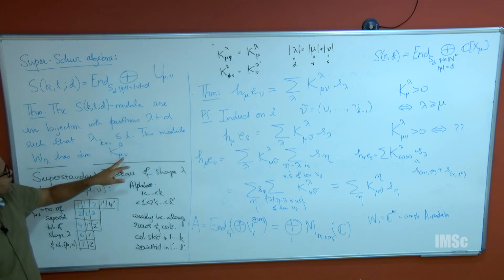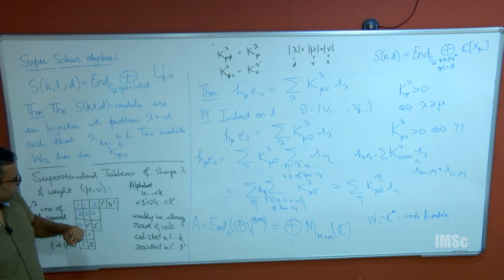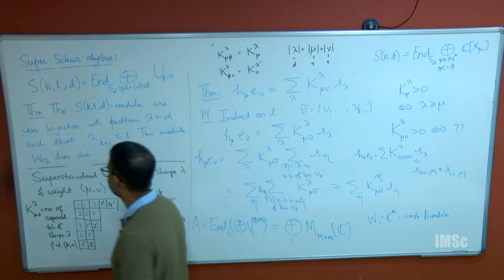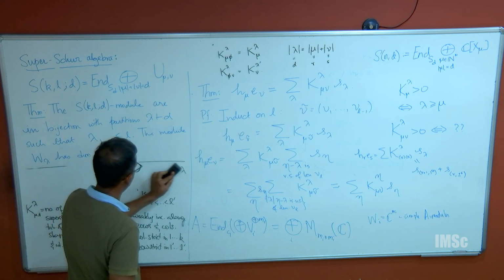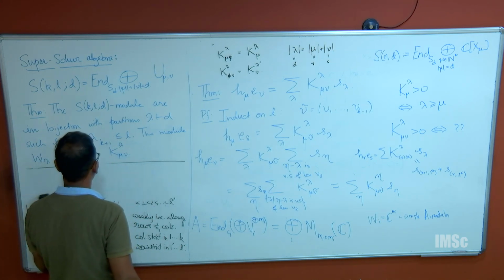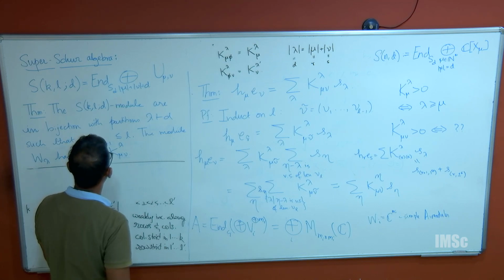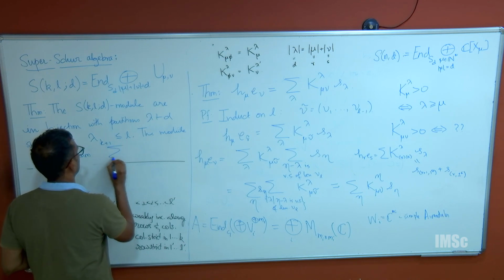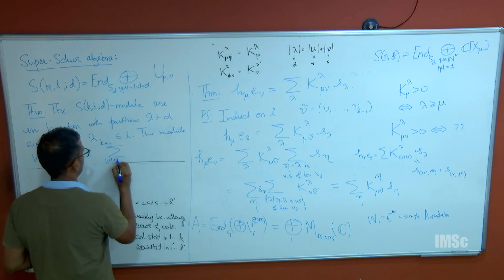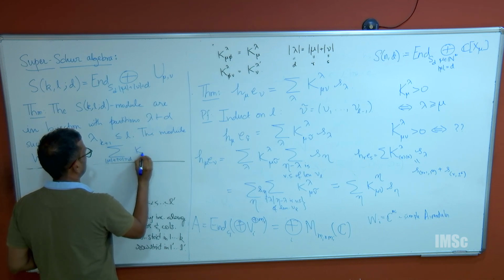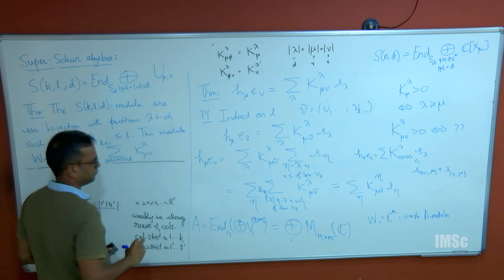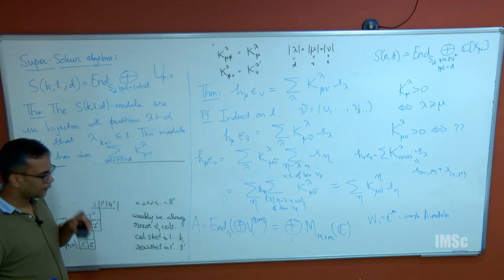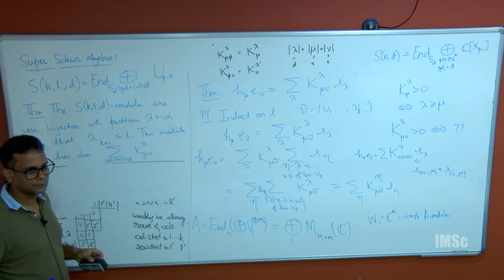We already know that it should have, sum over all mu nu, where mu has k parts and nu has L parts.